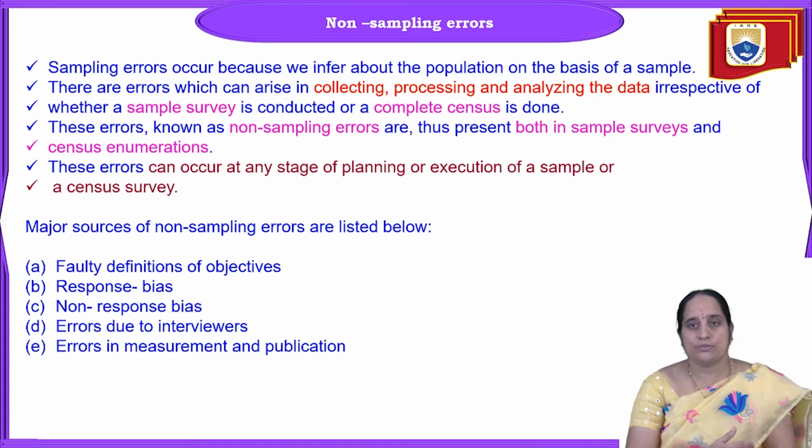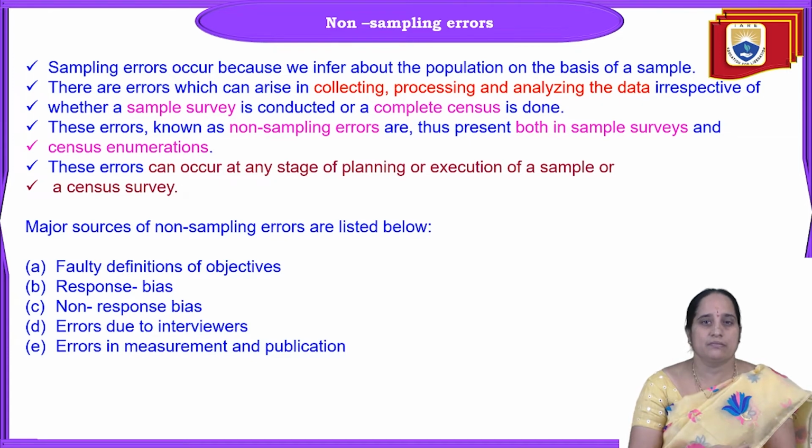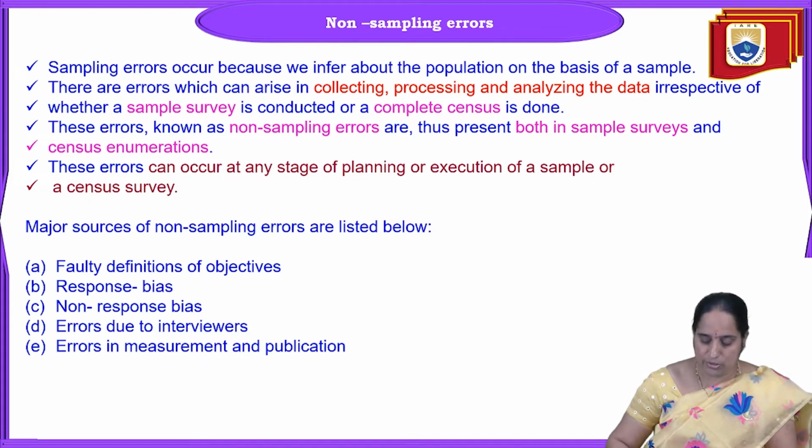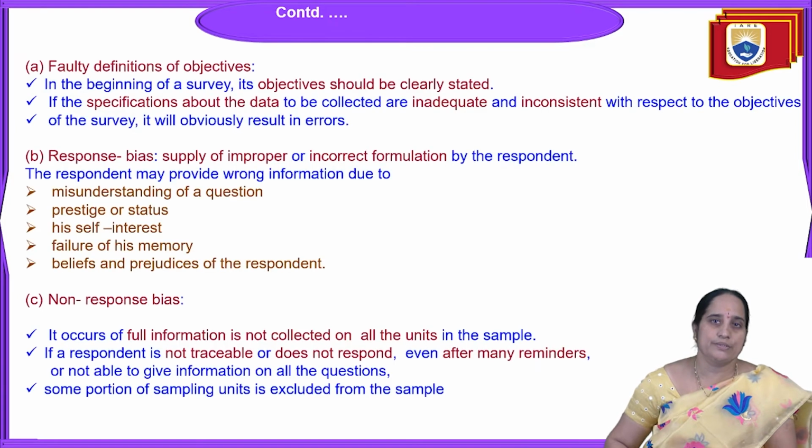Major sources of these non-sampling errors are faulty definitions of objectives, response bias, sometimes non-response bias, errors due to interviewers, and errors in measurement and publications. All these also lead to non-sampling errors in a research study.